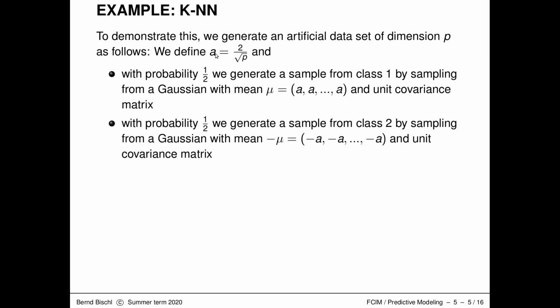Okay, so unit covariance structure, two Gaussians, one has mean vector a, a, a, a, and the other has mean vector minus a, minus a, minus a, minus a. And I've defined a always exactly as 2 divided by the square root of p. And why I did exactly this will become a little bit clearer in the next slides.